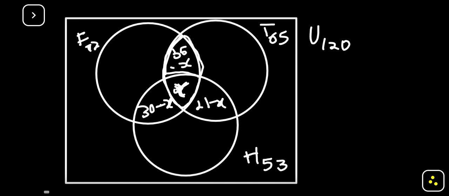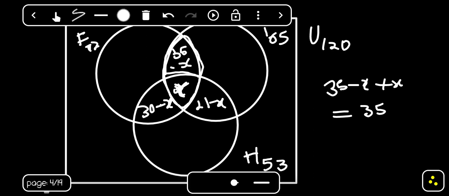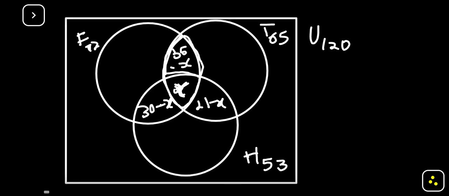So to write out this empty part, we write 35 minus X. 35 minus X plus the other X gives us just 35, which is the whole intersection. We've explained this in greater detail in other videos, but this is a general explanation. The Venn diagram was formed. Now let's go to other questions.